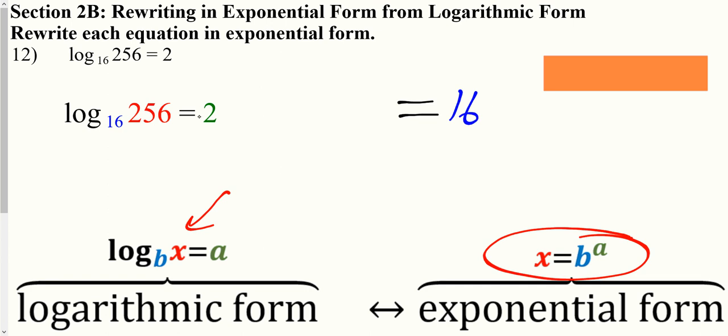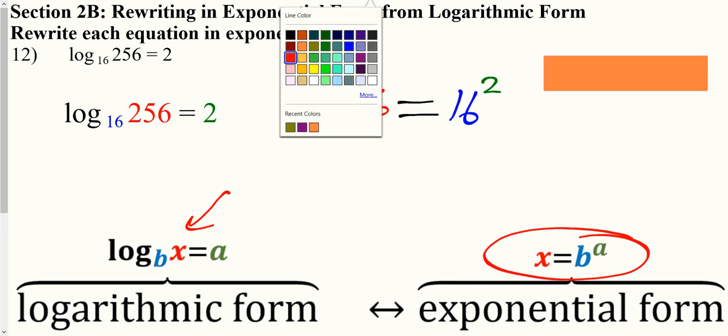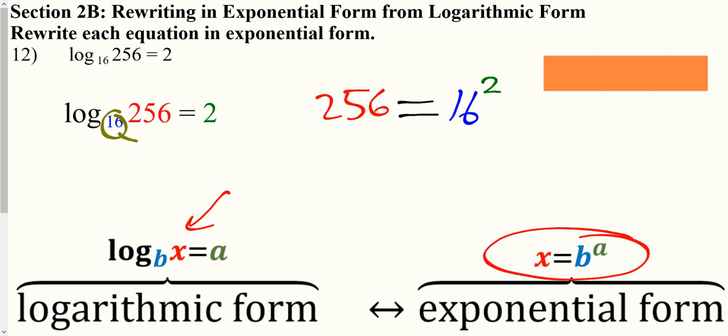Our 2 becomes the exponent, and our 256 goes over here. By the way, if you take 16 squared, it does give you 256. Another way to think about this is you take your 16, swing it over, it hits the 2 up as the exponent, and that equals 256.